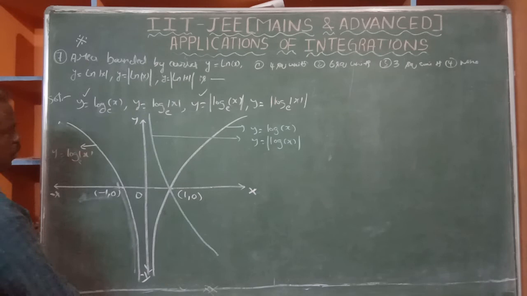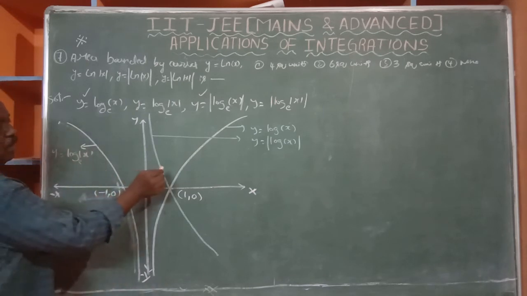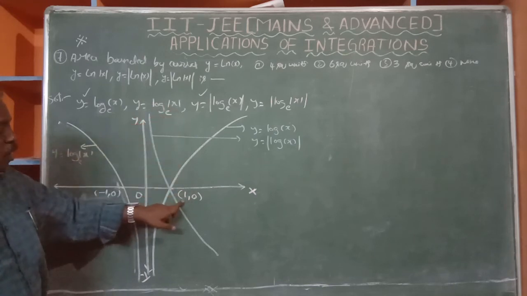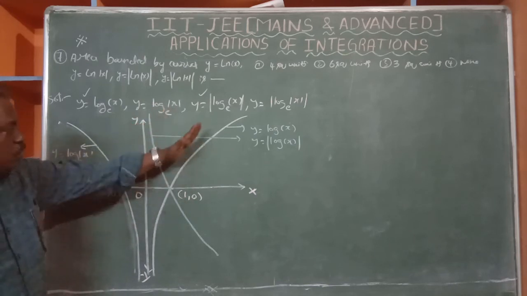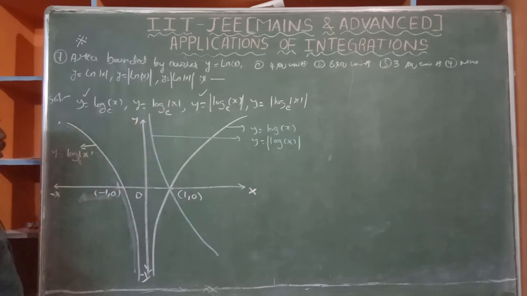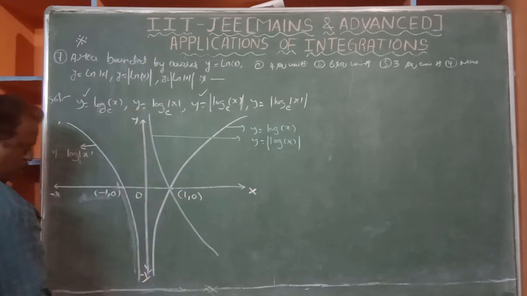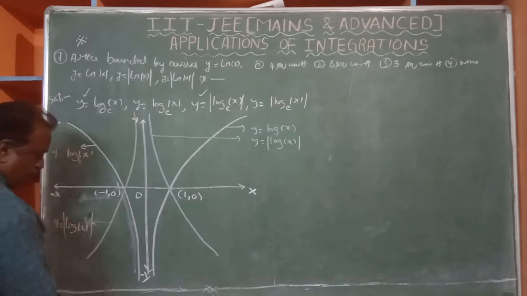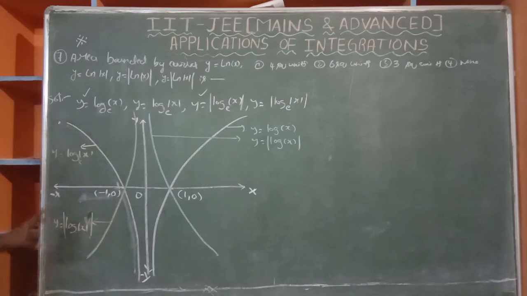Both will come, because x is positive for this curve and x is negative for this one. Okay now? Like this. It is y is equal to log mod x with modulus. Okay now? So all types of terms are there.